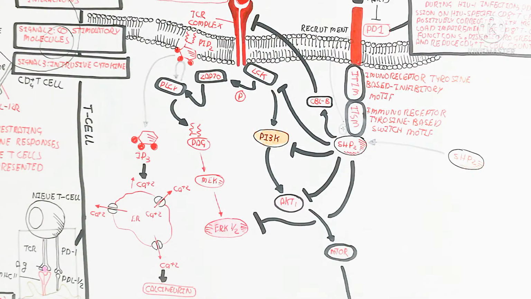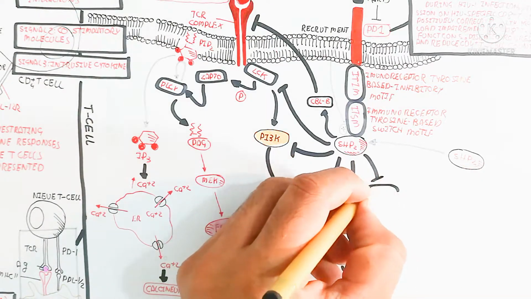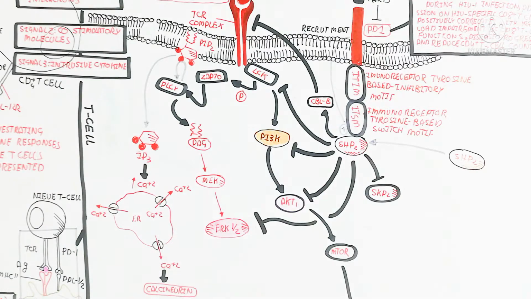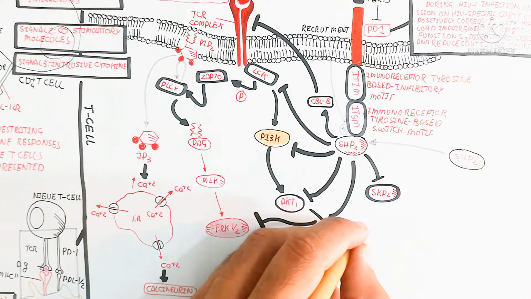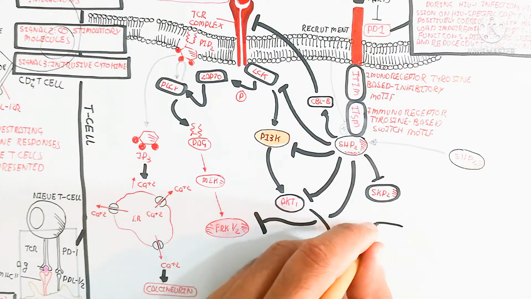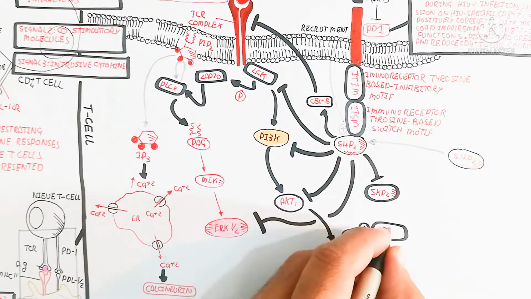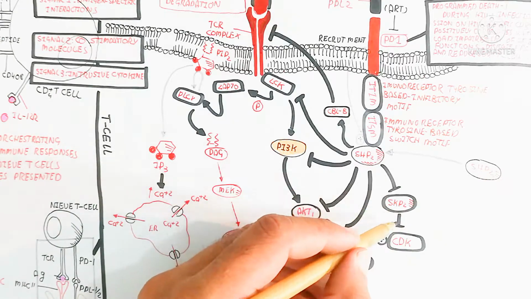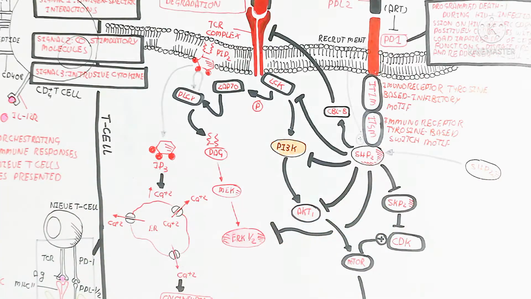So the HIV virus basically inhibits, and here SHP2 will also inhibit the DAG to MEK to ERK pathway. This is all a proliferative pathway. SKP2 is inhibited by SHP2, which basically inhibits the CDK.